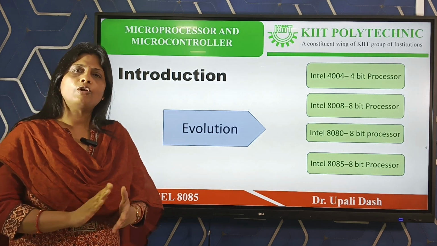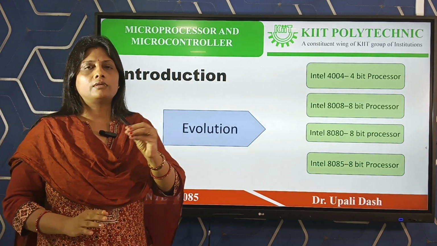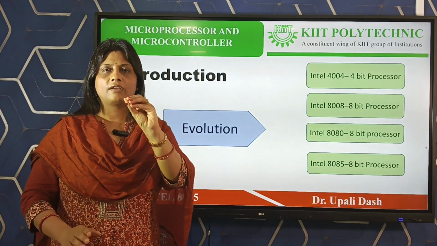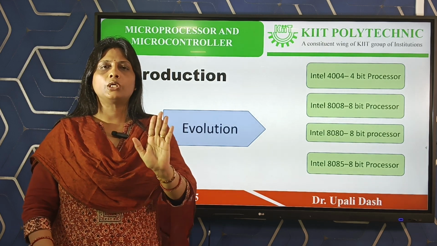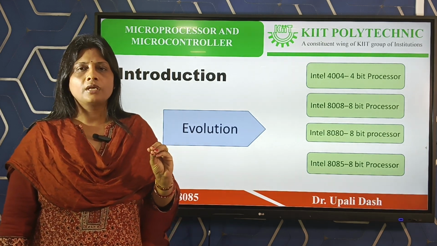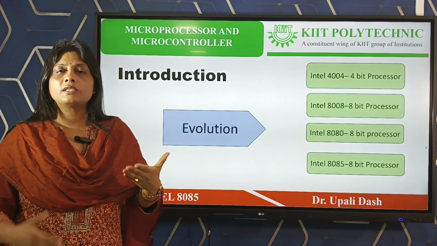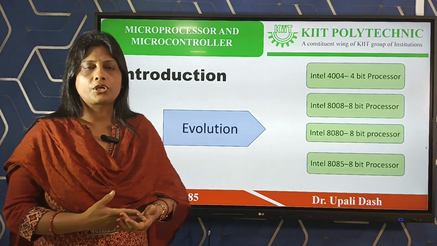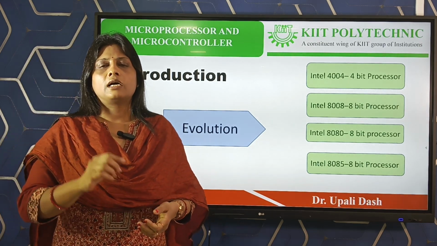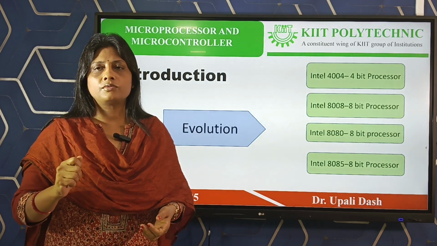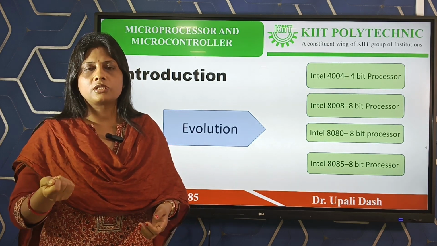Any numeric data or text we give to the computer, it will convert into a 4-bit format. That was a good processor because it was a start, so everybody was quite curious about it. It could solve many problems that we wanted to solve using a processor.